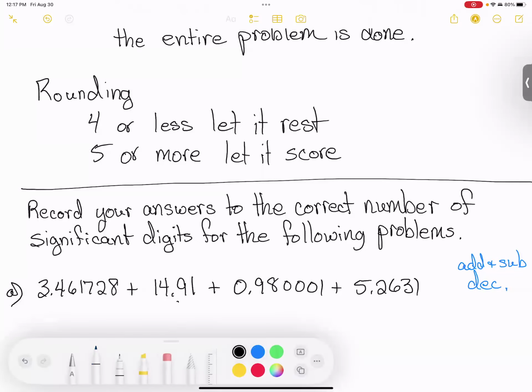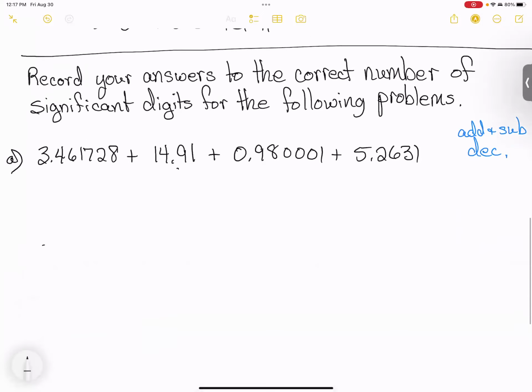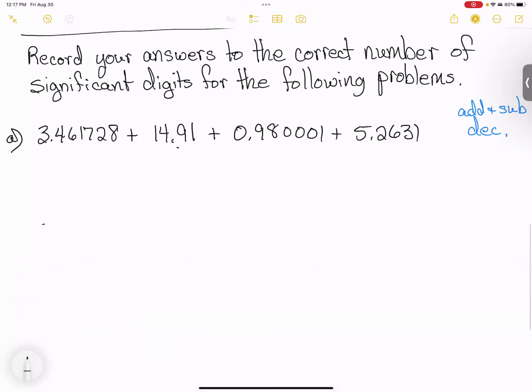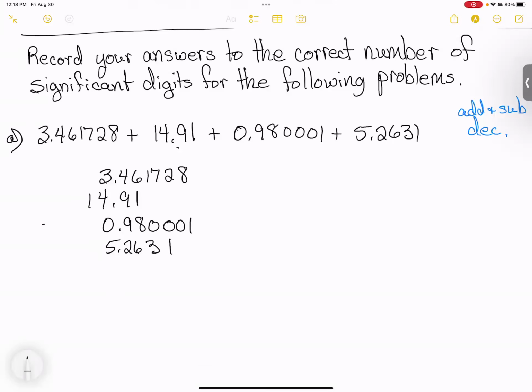With addition and subtraction, the easiest way is to put this in a column format. 3.461728, 14.91, 0.980001, and 5.2631.